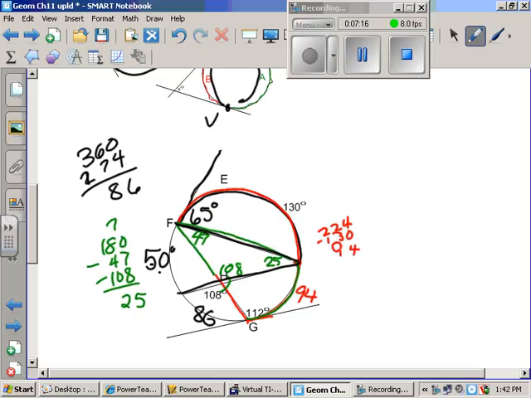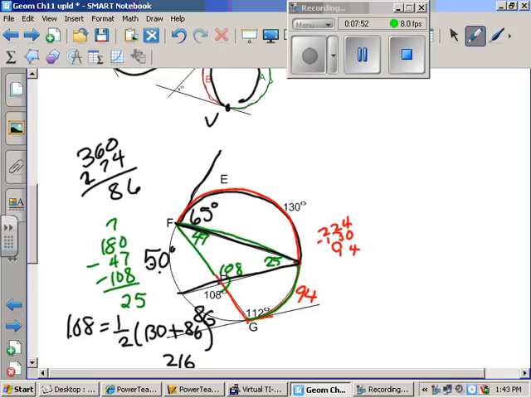The other way I could have done it is, since it's also an internal angle, 108 should be equal to half of 130 plus 86, if I did my math right. 130 plus 86 is 216, and half of that is 108. Good.